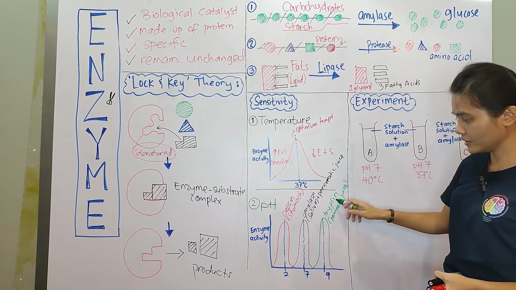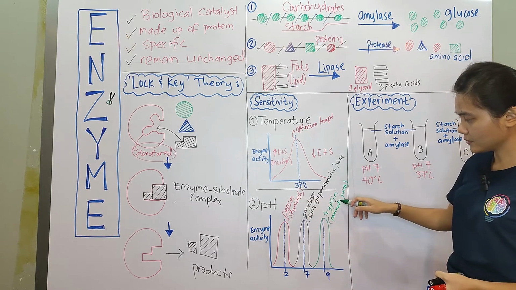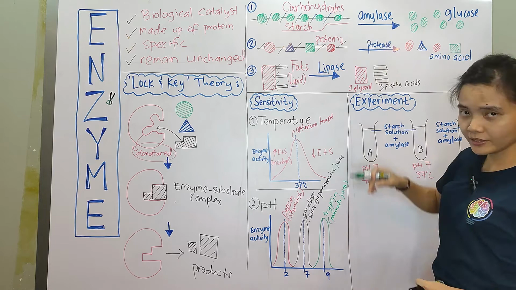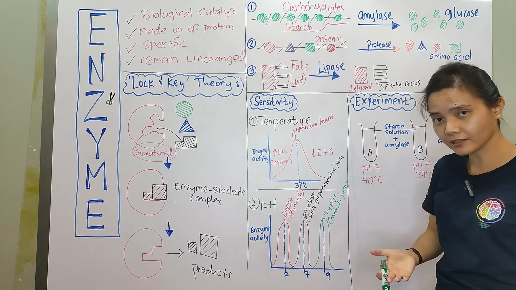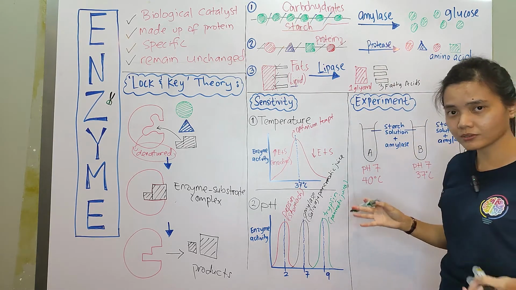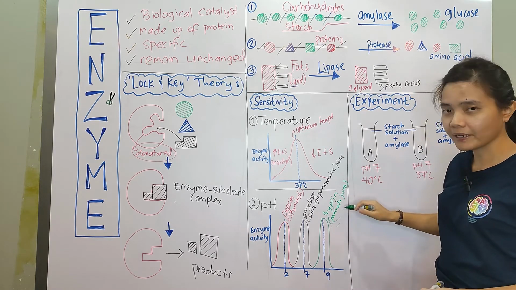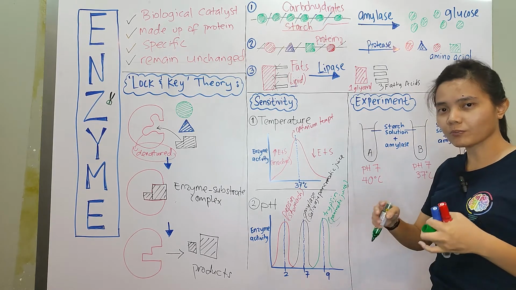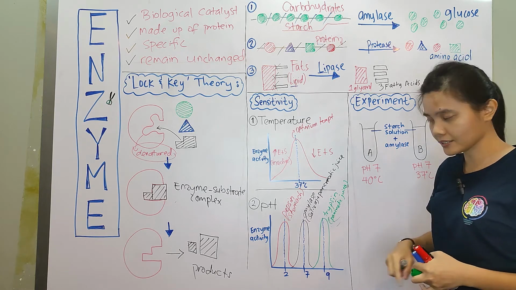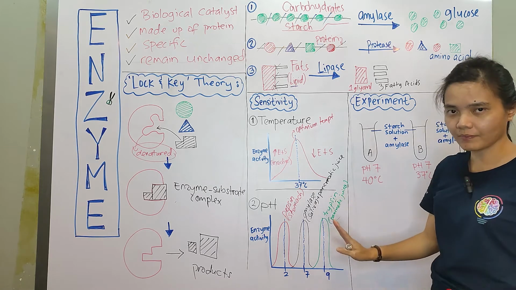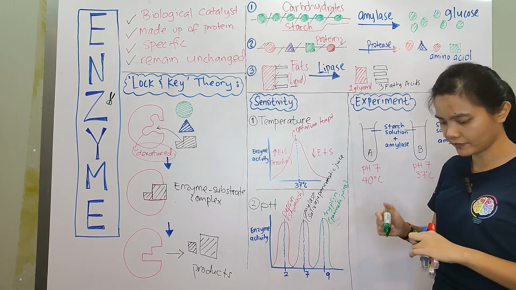Trypsin, you see the "sin", is also a protease. It breaks down protein to amino acids, the same. But it is found in the pancreatic juice, produced by the pancreas. That is the difference. They break down the same thing; only the condition is different.